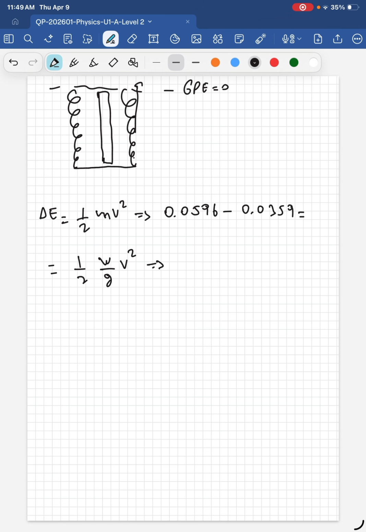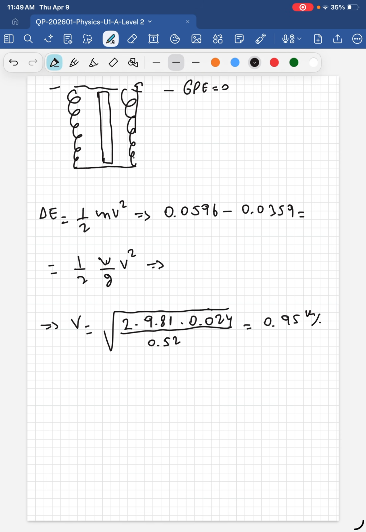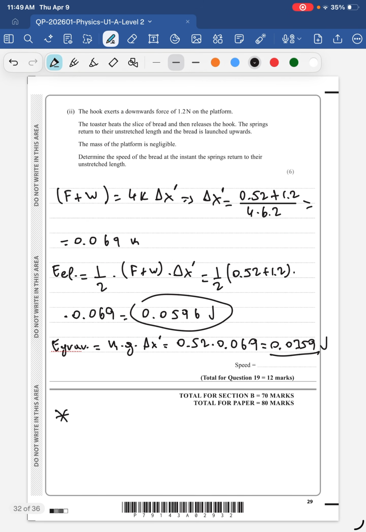So v is going to be the square root of 2 times 9.81 times 0.024 over 0.52, which is 0.95 meters per second.